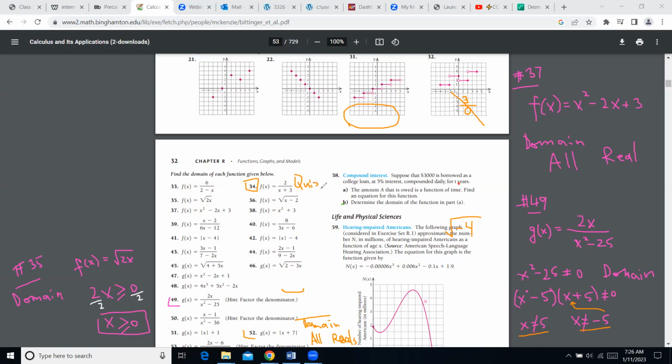So look at exercises like I just did here, 49, because it has a denominator, right? So please let me know, what is the domain? And I say, how can I? Well, you can say what it is not equal to, because everything else will be in your domain then, right?